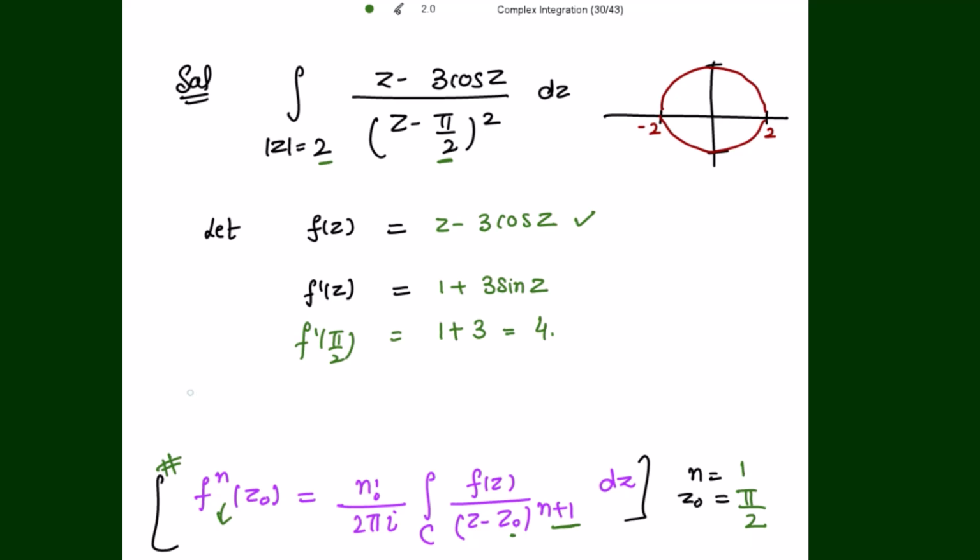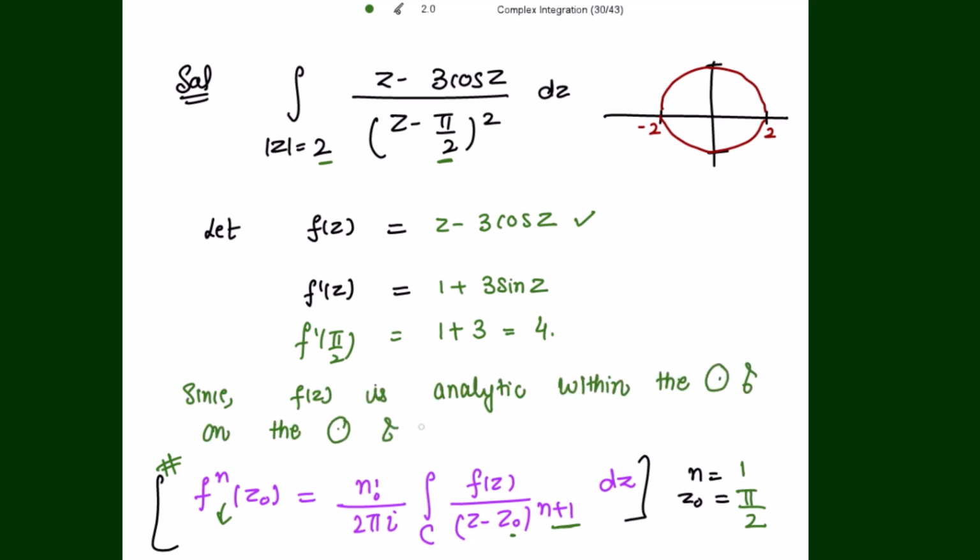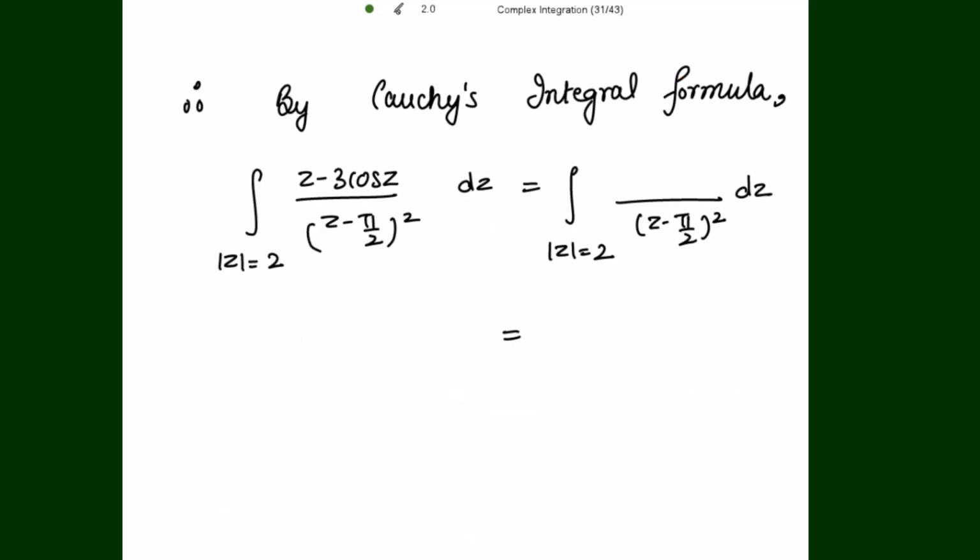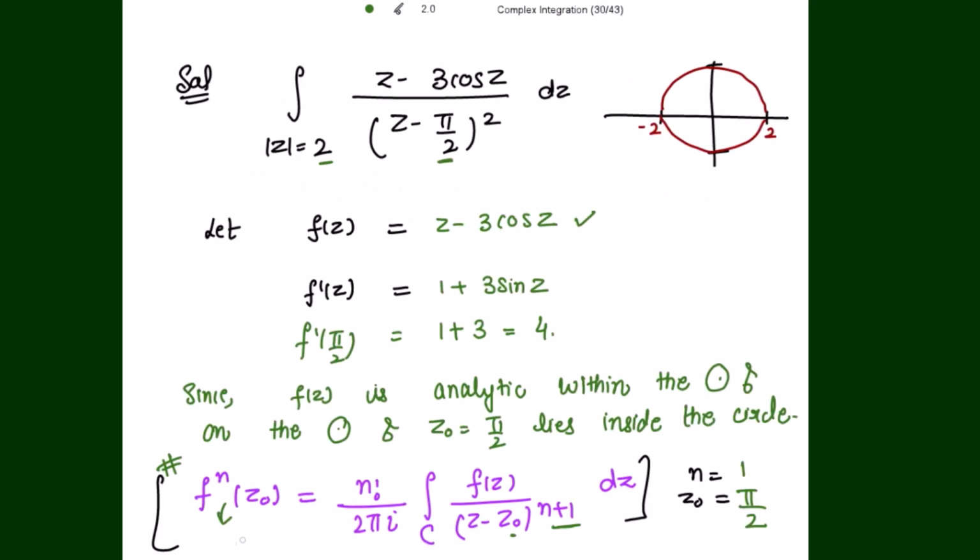So we write that since f(z) is analytic within the circle and on the circle, and z0 equal to pi by 2 lies inside the circle, by Cauchy's integral formula, the integral of (z minus 3 cos z) over (z minus pi by 2) whole square for this circle, this is your f(z), and this is your (z minus pi by 2) whole square dz.